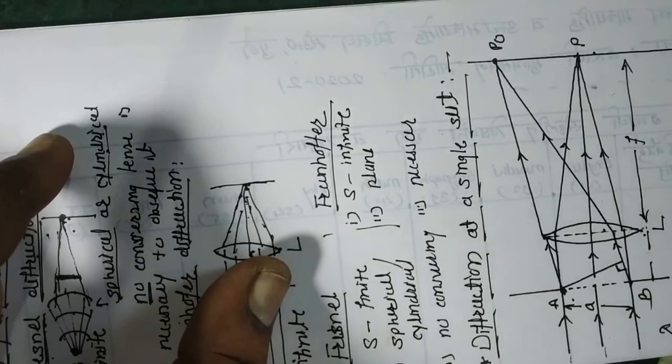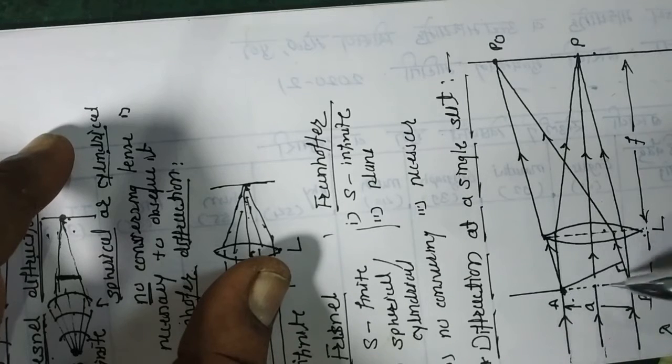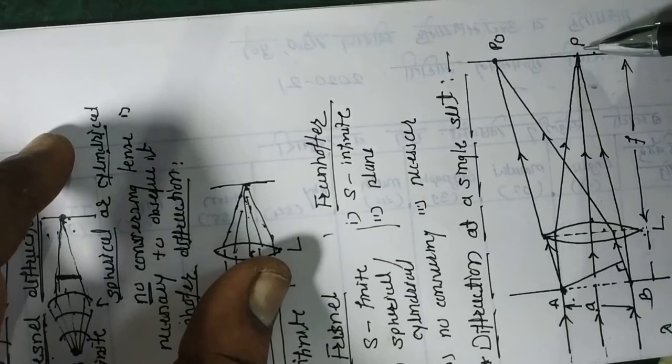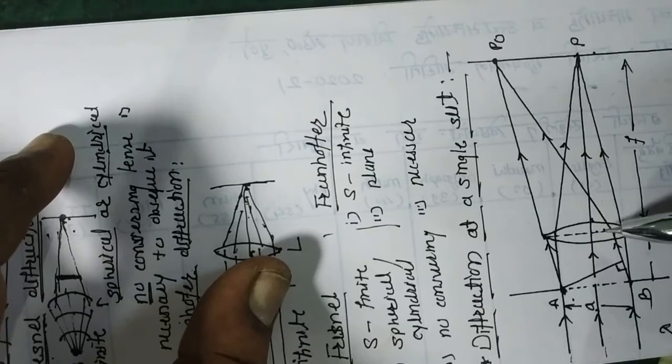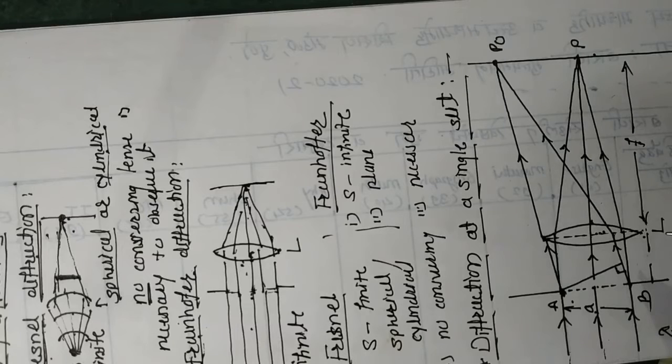See once more. Consider a parallel beam of monochromatic light of wavelength lambda normally incident on narrow slit AB of width a.